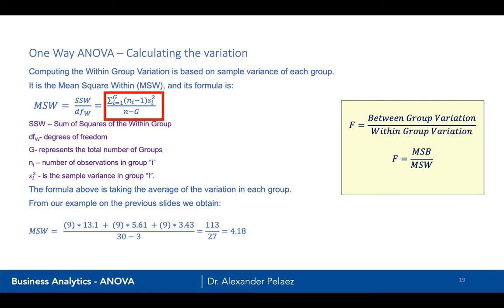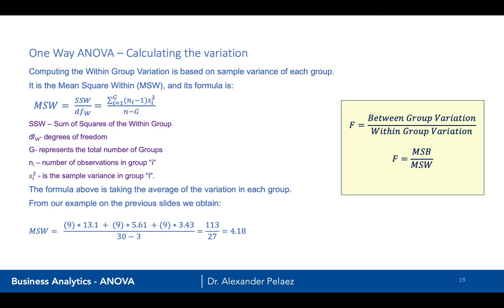Now, you can ignore the formula because most statistical tools will do this for you. But in case you want to follow through, for each group we take the number of observations minus 1, multiply it by the variance of that group, sum these, and then divide by the number of observations minus the number of groups.